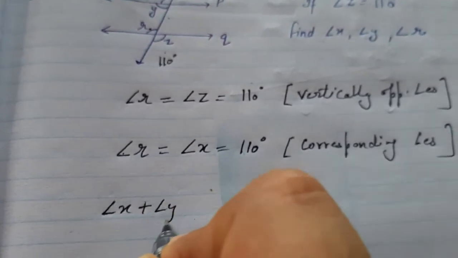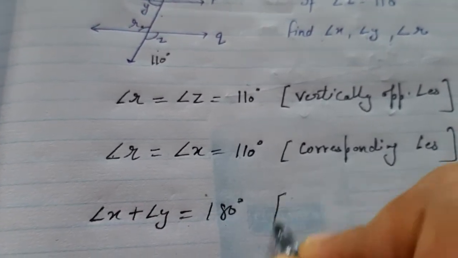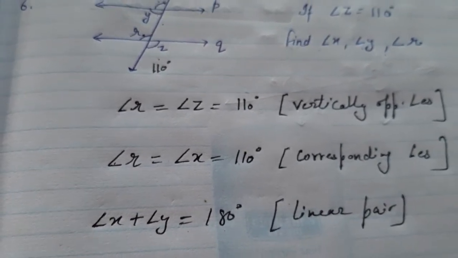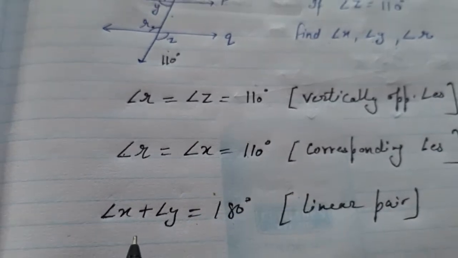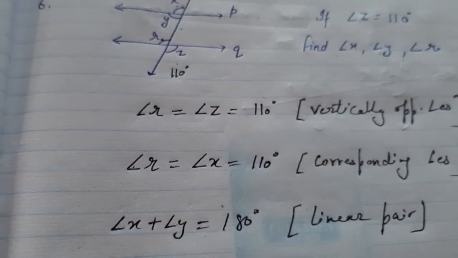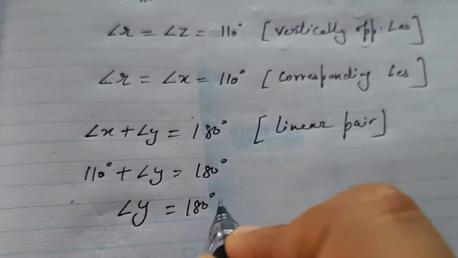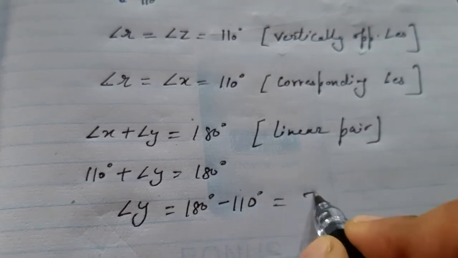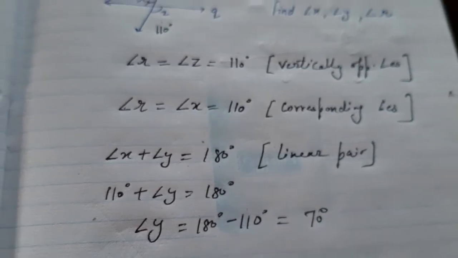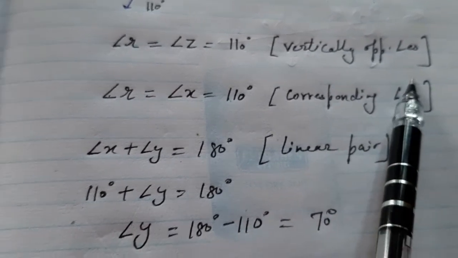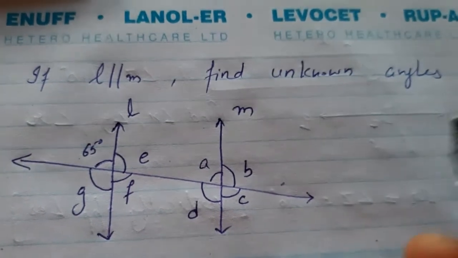So angle X plus angle Y is equal to 180 degrees by the property of linear pair. We know X is 110, so Y can be found. Transposing, it comes out to be 70 degrees. So using the results of parallel lines, we can find the angles.